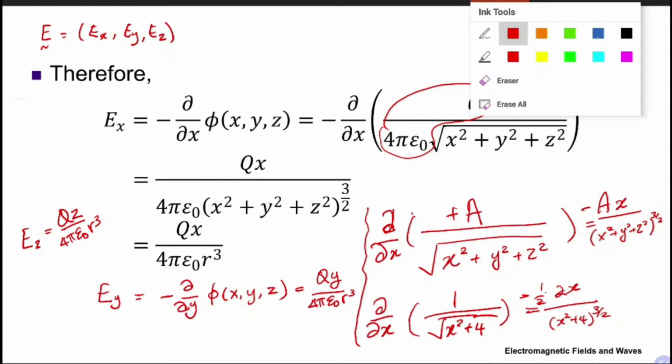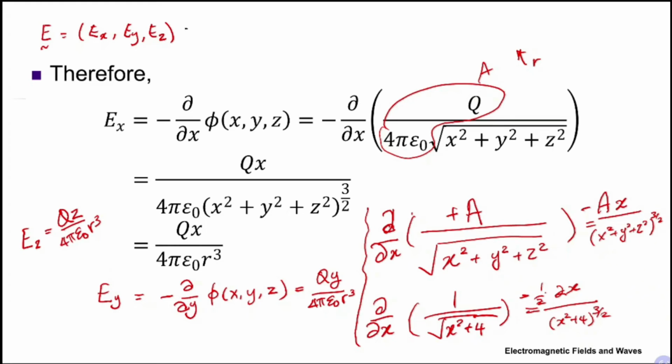If you put everything back in, this will be equal to Q over 4 pi epsilon naught r cubed times x, y, and z. So my Ex is Q x over 4 pi epsilon naught r cubed.